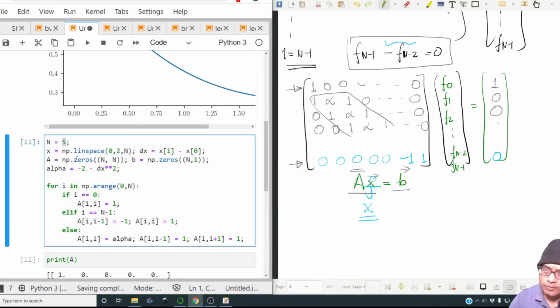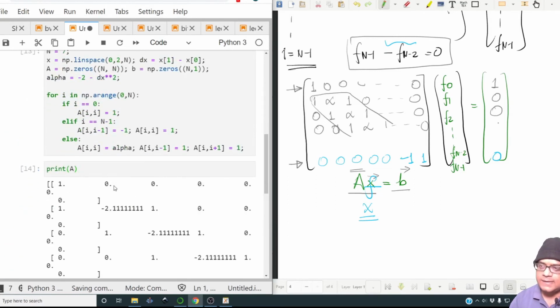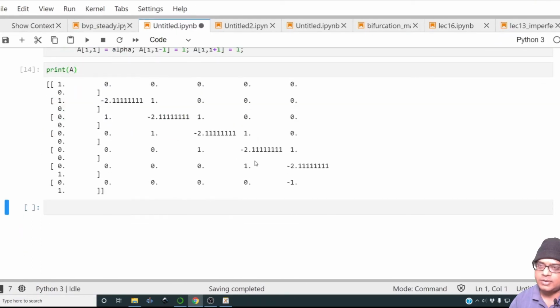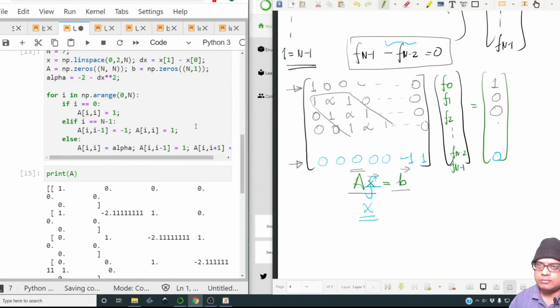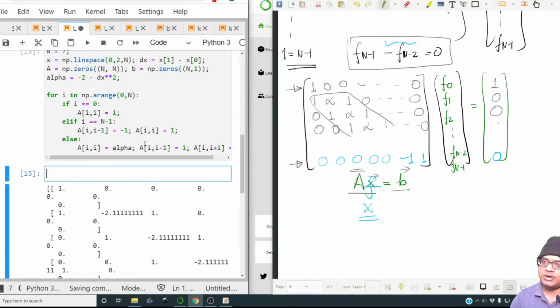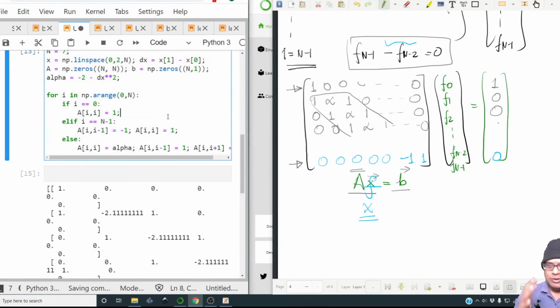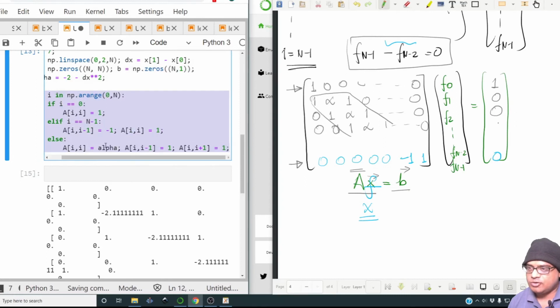And actually, boundary value problems where you're discretizing with the nearest neighbor do resemble a tridiagonal matrix. So this is what you can do to construct A, but it's actually looping over all the elements and doing it. We can alternately take a great shortcut.